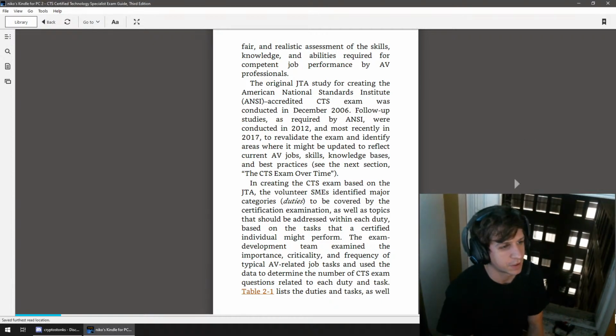The exam development team examined the importance, criticality, and frequency of the typical AV-related job tasks and used the data to determine the number of CTS exam questions related to each.